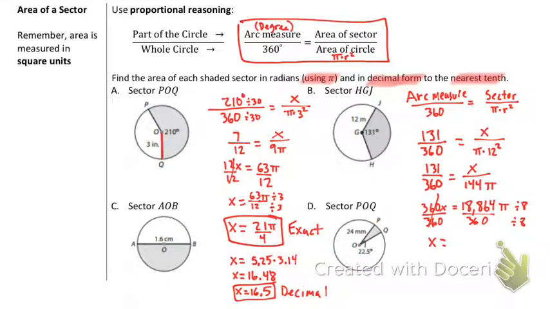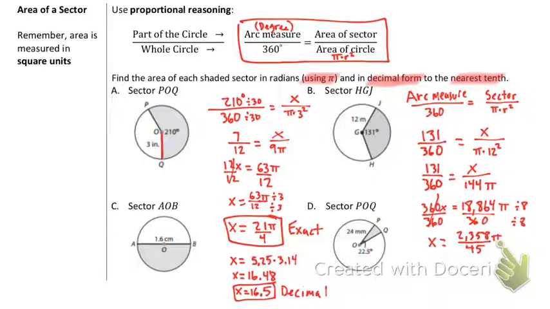If you throw that in your calculator to reduce, we got 18,864 divided by 8 gives me 2,358 over 360 divided by 8, and it gives me 45. Okay, and don't forget your pi.